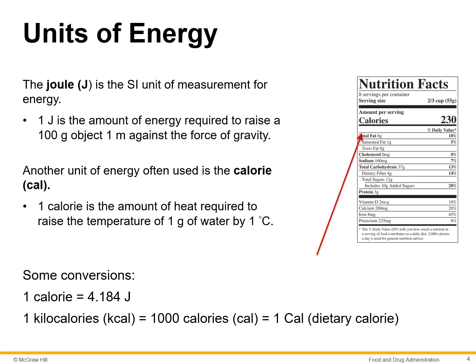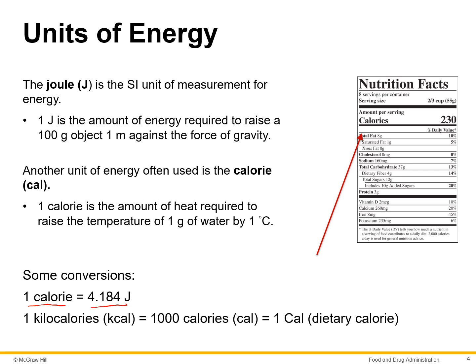Something maybe you're more familiar with is calories. We can convert 1 calorie to joules: 1 calorie is equal to 4.184 joules.